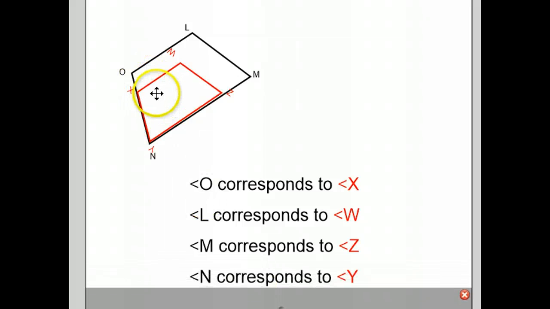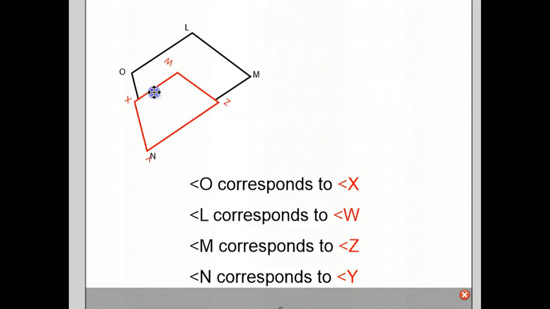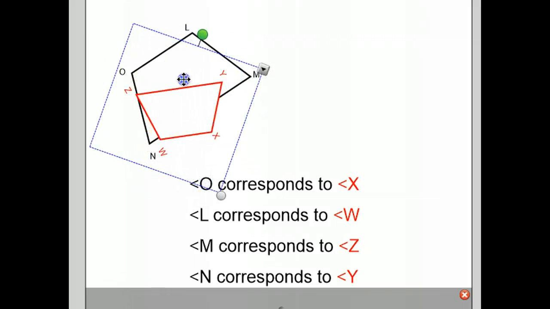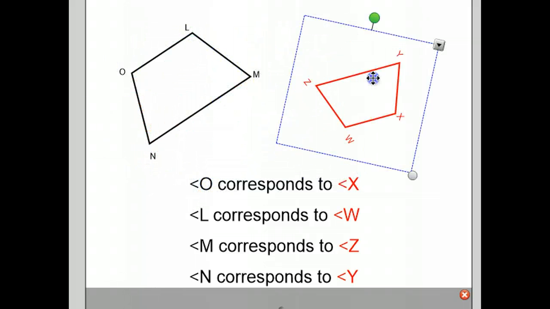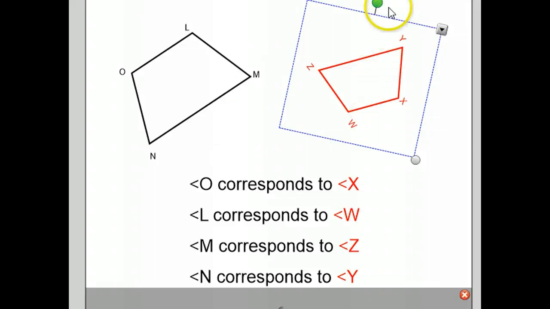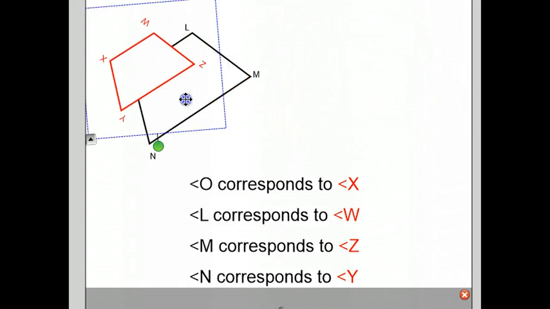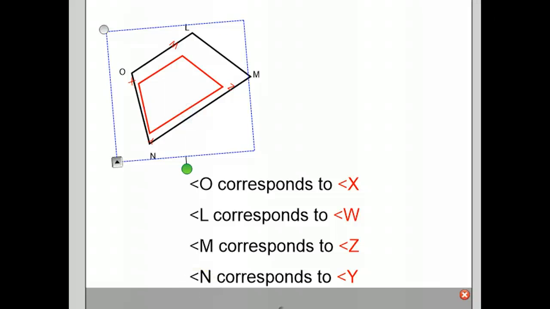Angle O corresponds to angle X, angle L corresponds to angle W, angle M corresponds to angle Z, and angle N corresponds to angle Y. So even as I move this shape around, it still corresponds no matter the orientation, because when they face the same orientation, these two relationships match up.